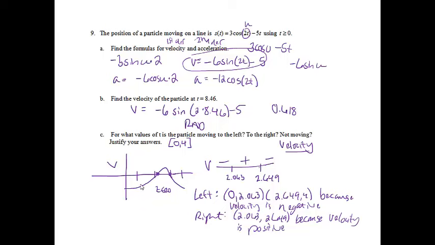And then it does give one more thing, not moving. Where is it not moving? Well, that would be where the velocity equals 0. So it's going to be at t equals 2.063 and 2.649. And again, that will be because velocity is 0. If the velocity is 0, the particle is not moving.